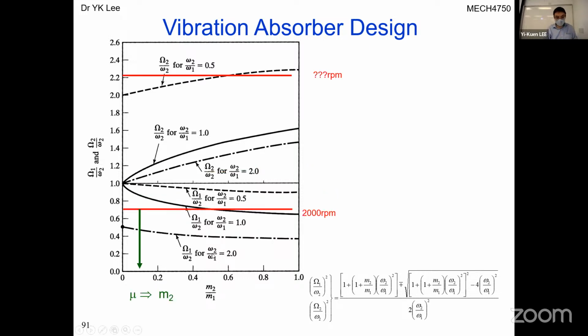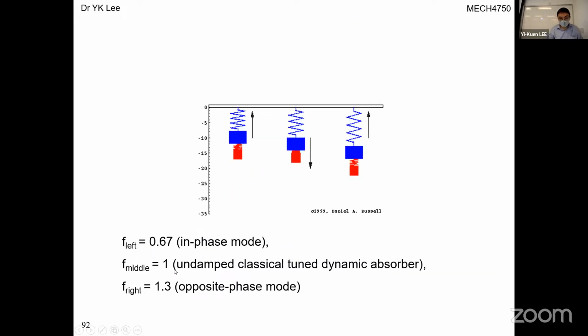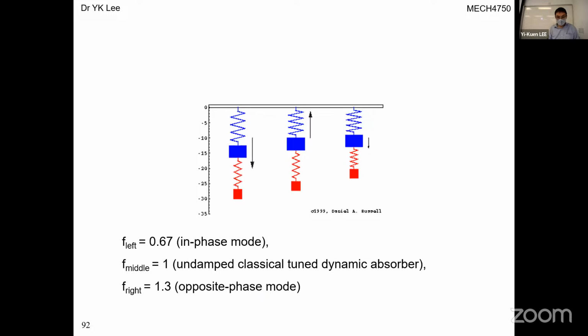You see, we just show you this. Finally, this animation can give you some rough idea. When we look at this, for the middle part we use a classical tuned vibration absorber design, so all the vibration will be absorbed by this.